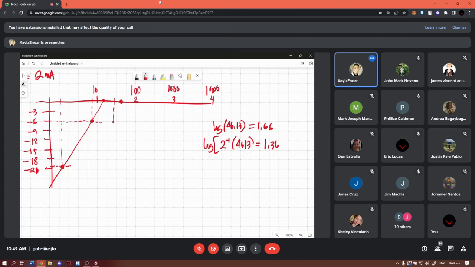Next, the first decade backwards is 0.66.